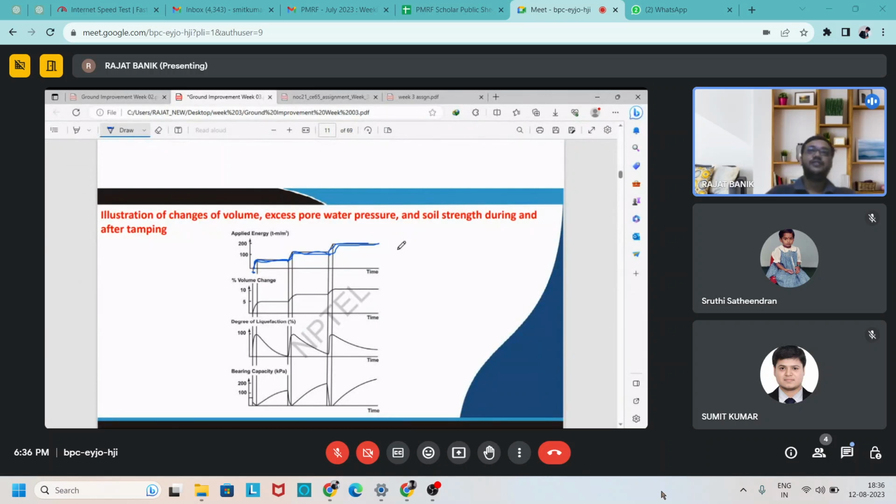Next we increase up to 300 to 600, like that, until we reach 1000 ton-meter per meter square applied energy. Step by step we achieve our goal.